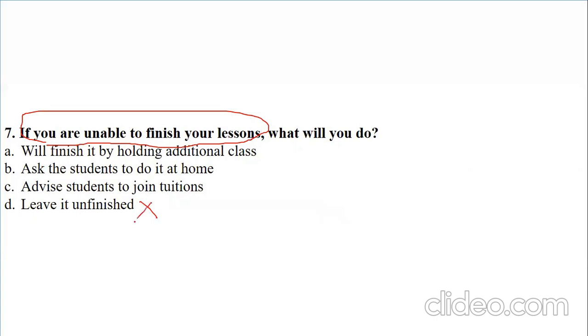Definitely leaving it unfinished is not possible, because the first duty of a teacher is to complete the syllabus. A teacher will never advise students to go for tuition classes, nor tell them to do it as self study. So the closest option is to finish it by holding additional classes. So option A is your right answer.